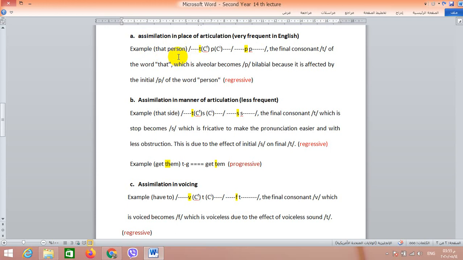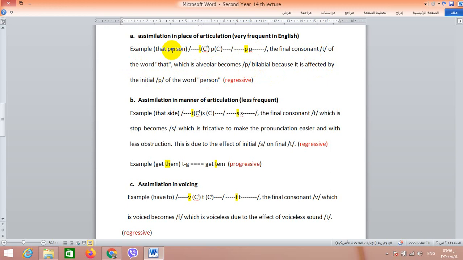But if I say them quickly in an informal conversation, the t sound is going to change to be like the p sound of the word person, and the pronunciation is going to be "that person." The t, which is an alveolar sound, becomes p, which is a bilabial sound. Why? Because of the effect of the following p of the word person.